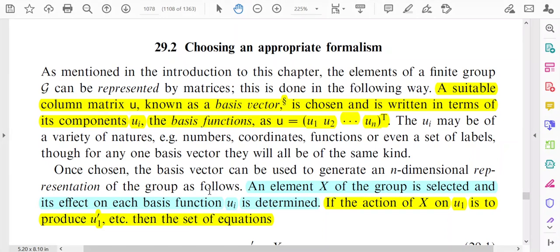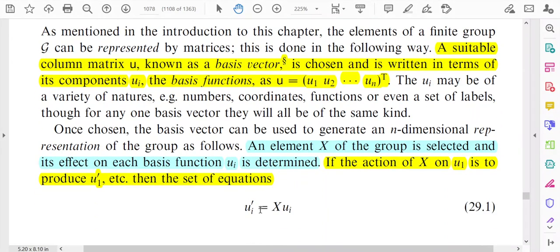Suppose there is a group G, and in the group G there are several elements. Let us consider an element X in the group, and we are observing the effect of X on each of the basis functions ui.